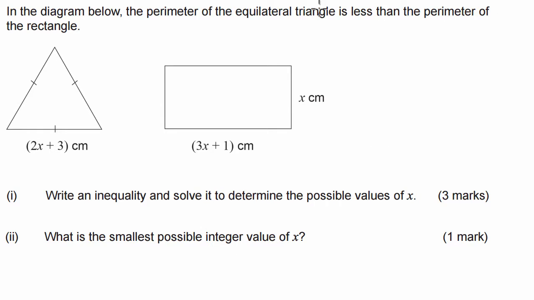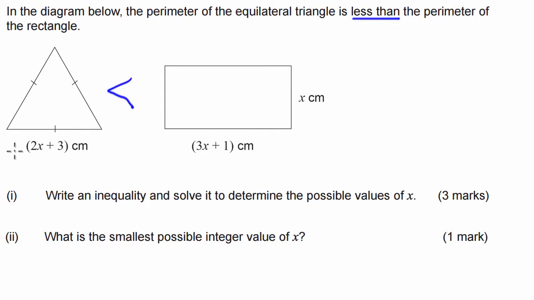Okay, so just quickly, it says that the perimeter of the equilateral triangle is less than the perimeter of the rectangle, so we know the inequality is going to look like that. I'll do it over here just so we can save space. We're looking for the perimeter of the equilateral triangle.